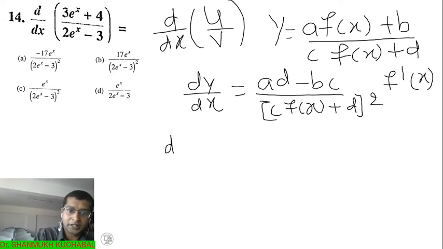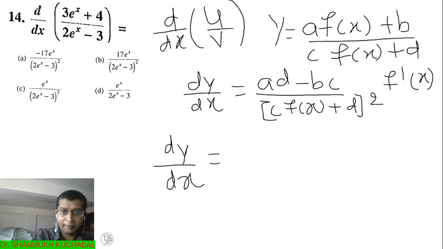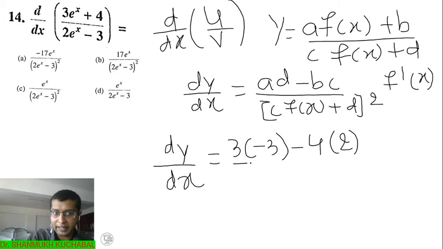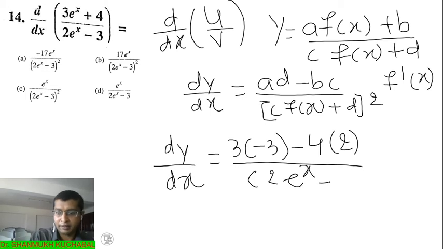Using this formula we can calculate dy by dx as A into D, which is 3 into minus 3, minus BC, which is 4 into 2, whole divided by the denominator square, (2 e raised to x minus 3) whole square.